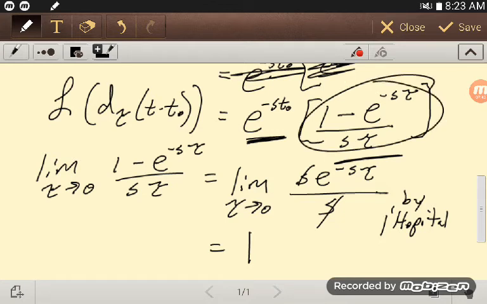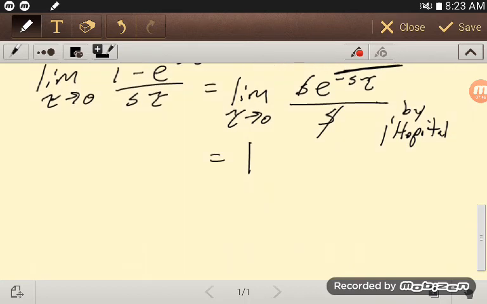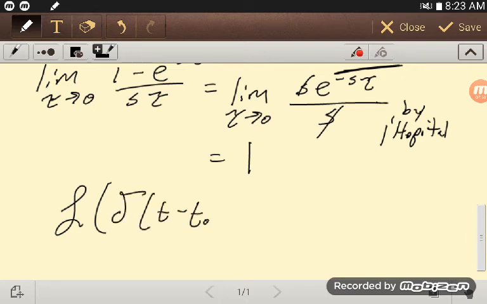And so that means that the limit of that part is 1, and so we just get this part left over here when we actually do that limit, and we want the Laplace transform of the Dirac delta function, t minus t0, that ends up being e to the minus s t0. And so notice if t0 equals 0, you get 1.